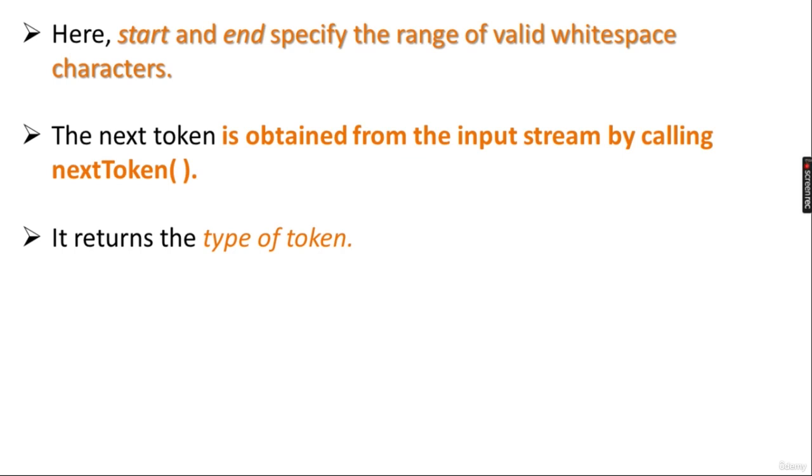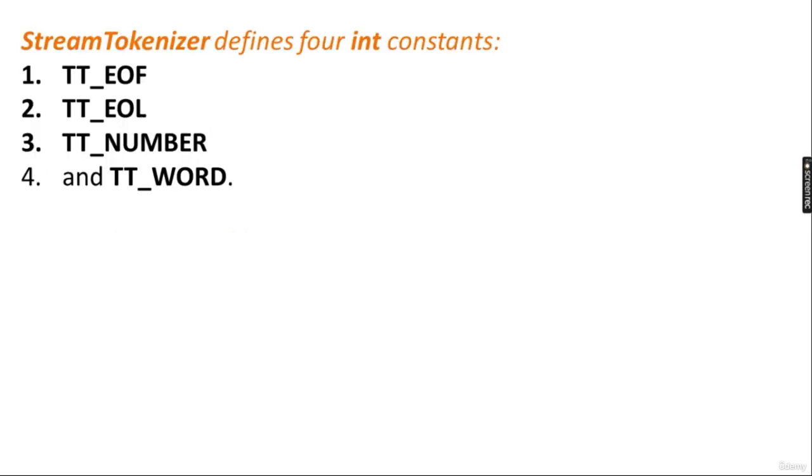The next token is obtained from the input stream by calling nextToken, and nextToken will return the type of the token.